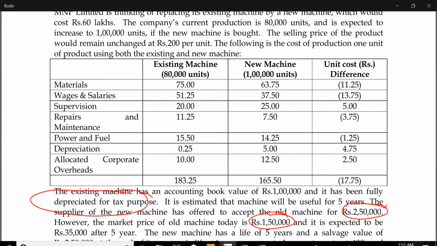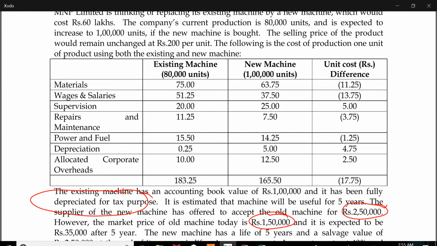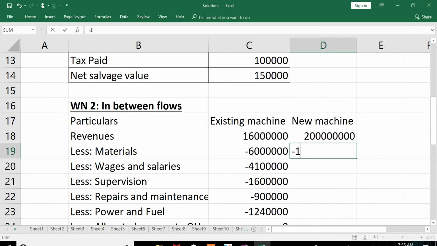What will be the revenues? 1 lakh into 200. Materials is 1 lakh into 63.75.